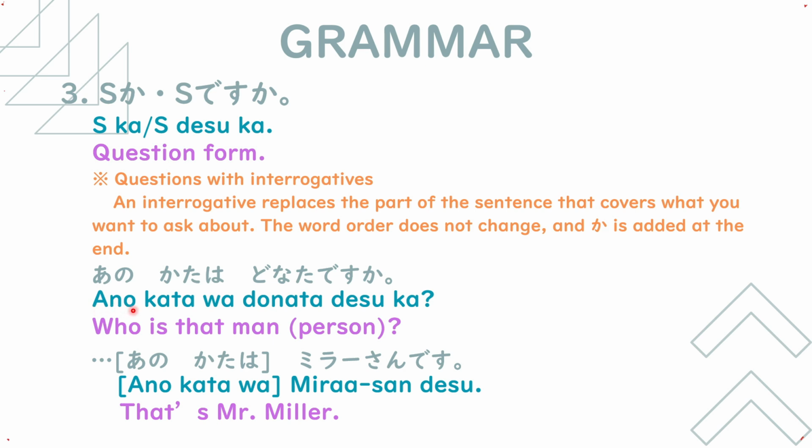So for example here, ano kata wa donata desu ka? Who is that man? So it's the same order in here. Ano kata is noun 1, wa, dare or donata, noun 2 supposedly, but now replaced with an interrogative, desu ka, okay? So ano kata wa Mira-san desu. That person is Mr. Miller.